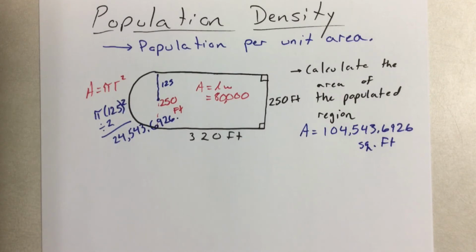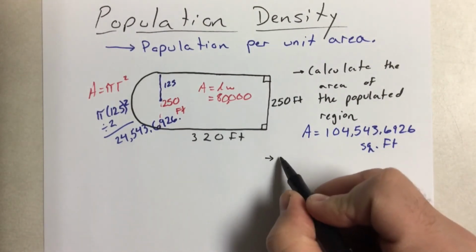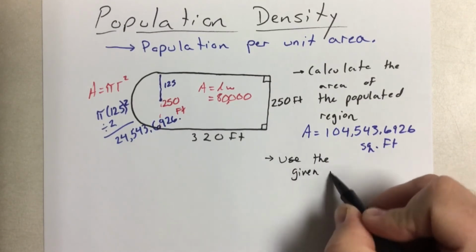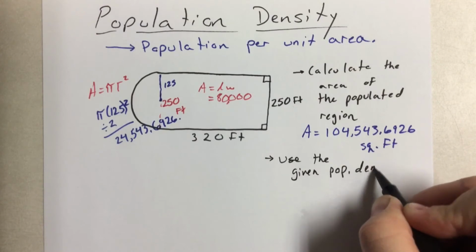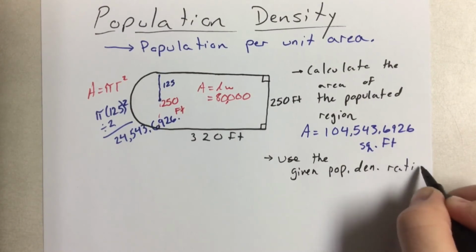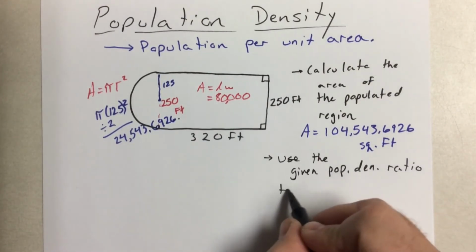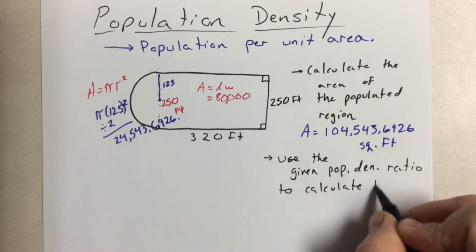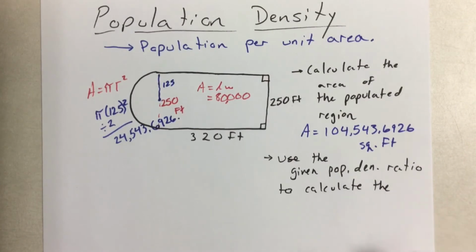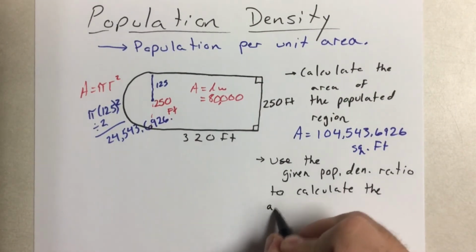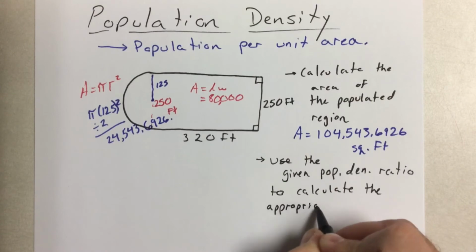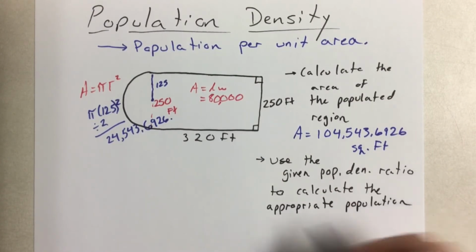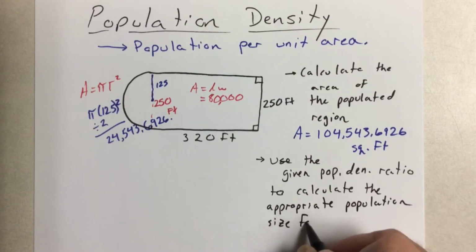So the next thing that we have to do is use the given population density ratio to calculate the appropriate population size for the region.